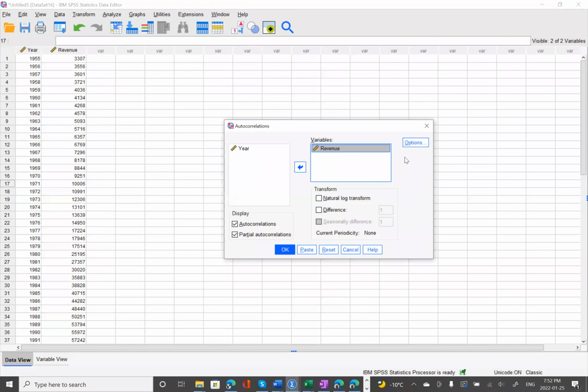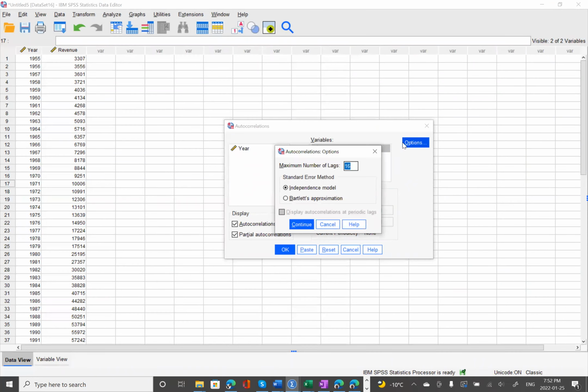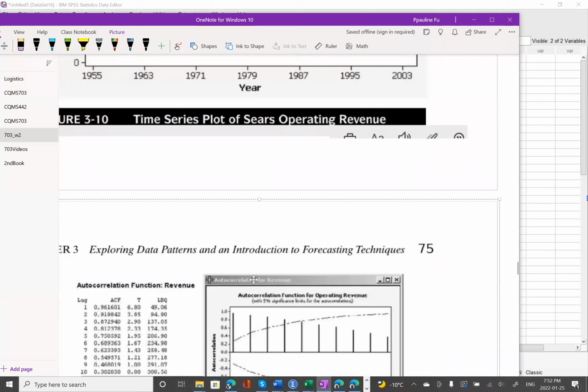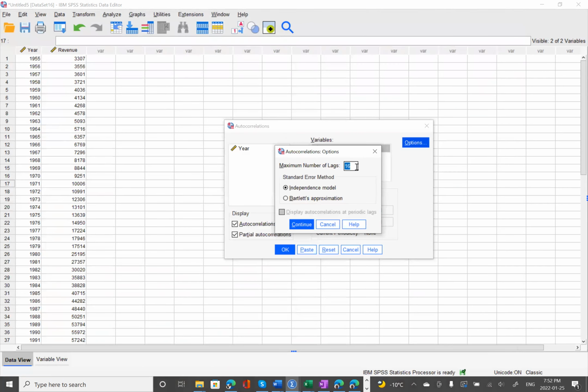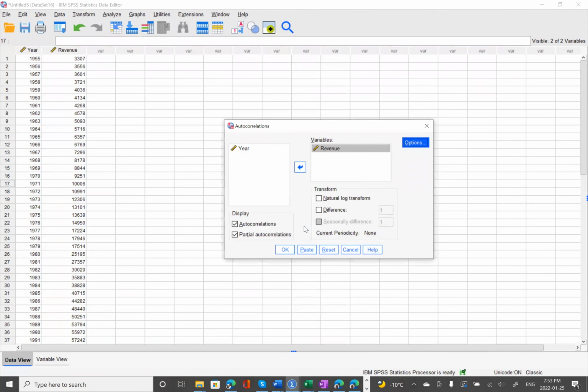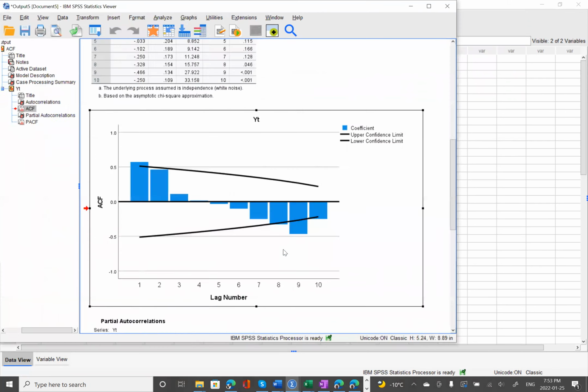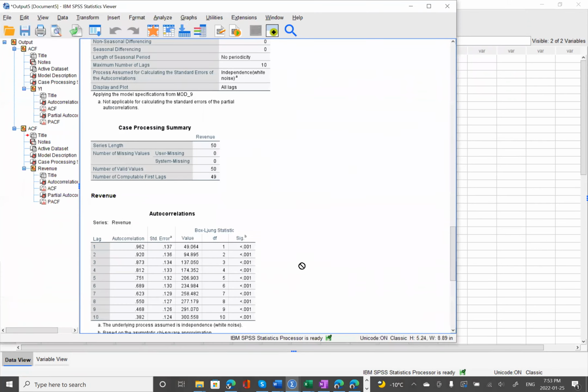If I click Options, it asks for the maximum number of lags. If you check the textbook, it is 10, so you select 10. The time lag is 10. It could be any number, but 10 is enough for our interest. So you change that parameter to 10, continue, and then click OK. So this is your output.